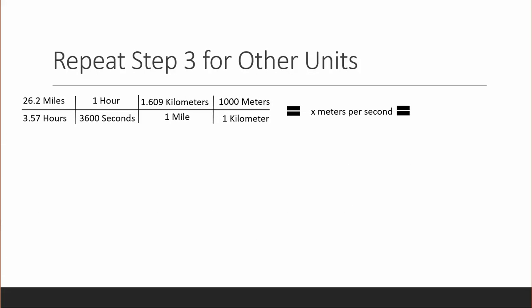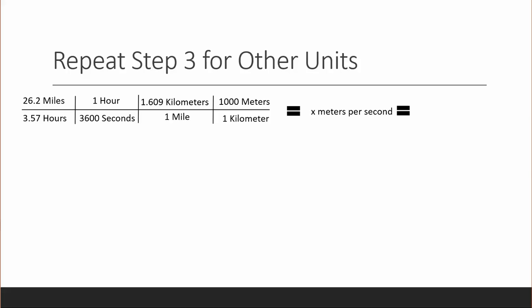So here we are. We've got 26.2 miles, 3.57 hours, and then we move on through the rest of that analysis that we figured out on the previous slide, and then we have X meters per second from the previous slide.